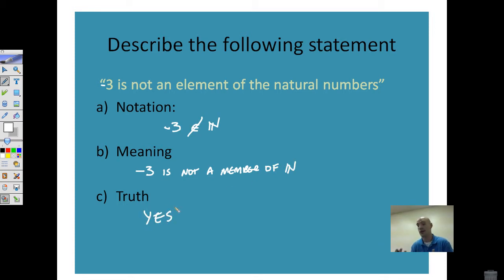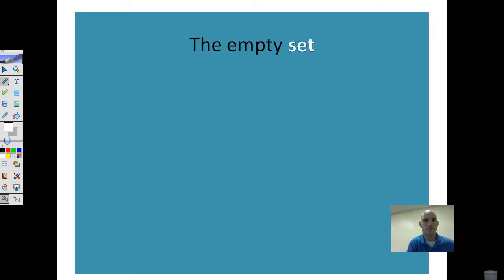That's how this E letter works. It means in, or is a member of the set, and that's how we shorthand that.